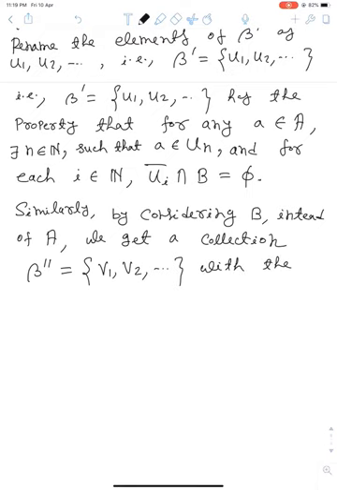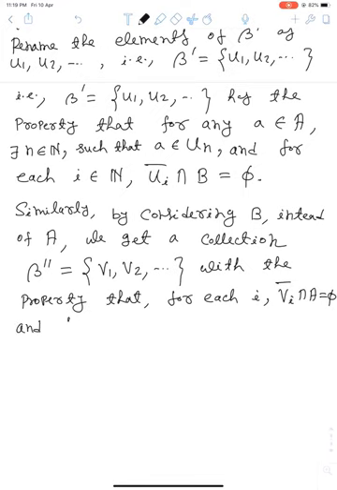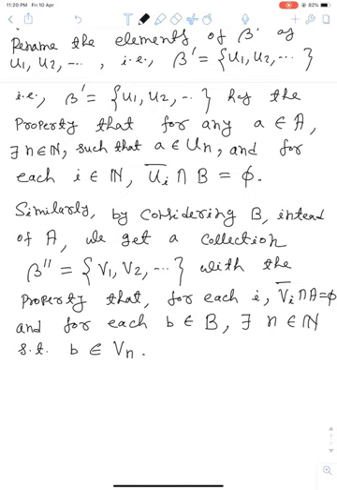With the property that for each i, Vi closure intersection A is empty, and for each b belonging to B, there exists n belonging to the natural numbers such that b belongs to Vn, right?